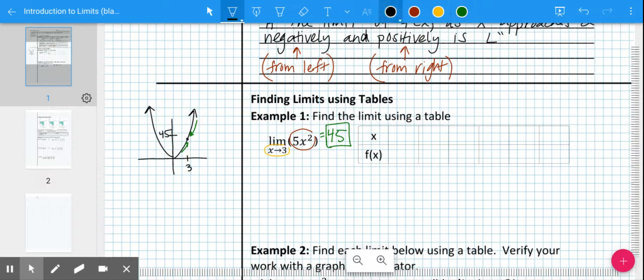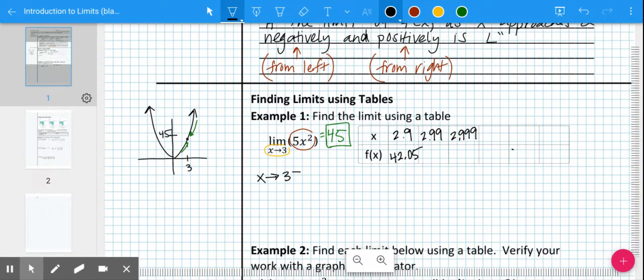Well, what we're going to do is approach 3 from the left side of 3. So we're going to go to the left of 3, so go to 2. That's a little too far. Get a little closer. So we're going to go to 2.9, and we're going to just plug that into our function to see what we get, and we get 42.05. Then we're going to get a little closer. We're going to go to 2.99 and then even to 2.999.